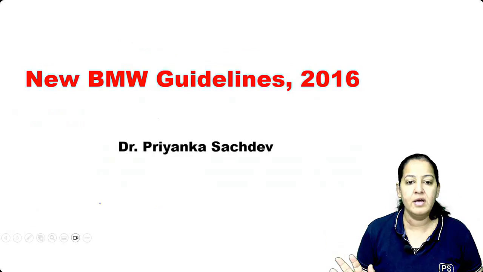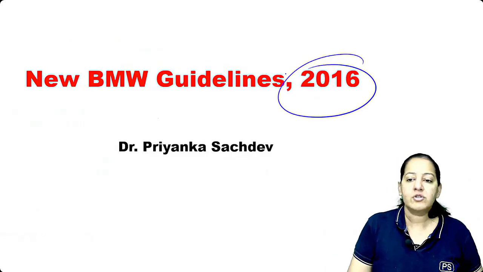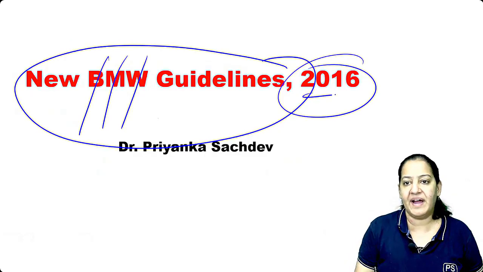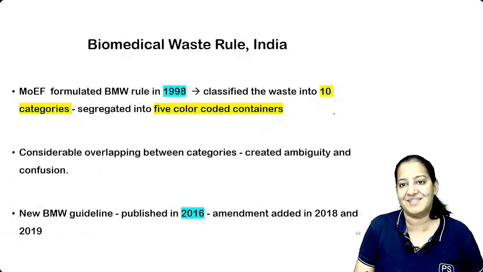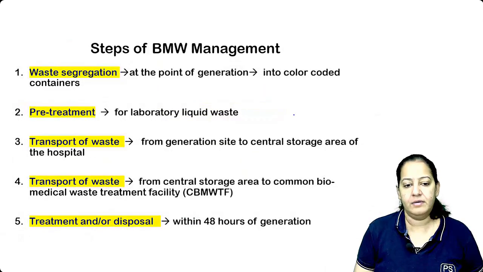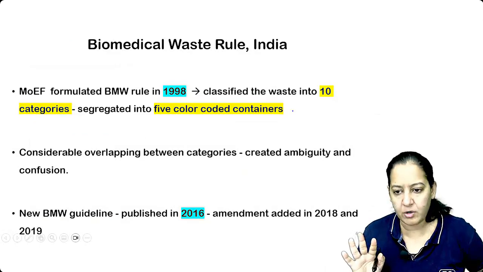How many of you got it? Now come to the new guidelines. The new guidelines were released in 2016. Coming to the new biomedical waste management guidelines, 2016 onwards, we have color coded containers.